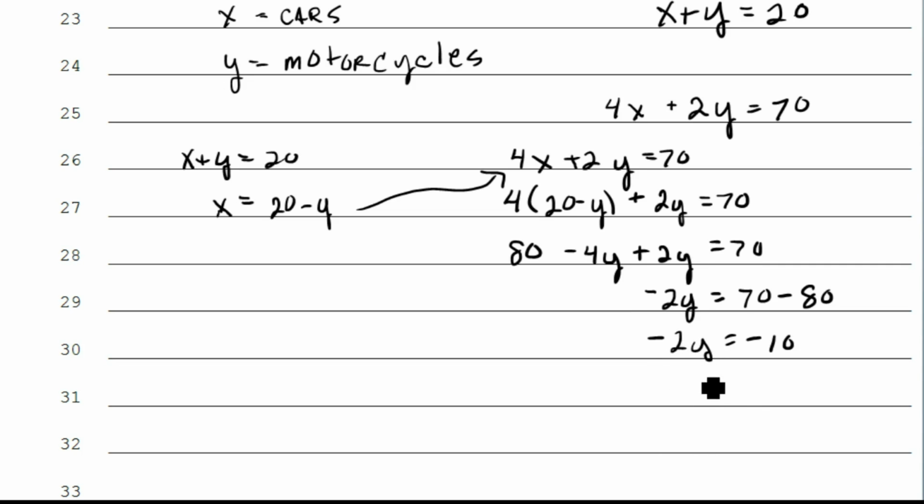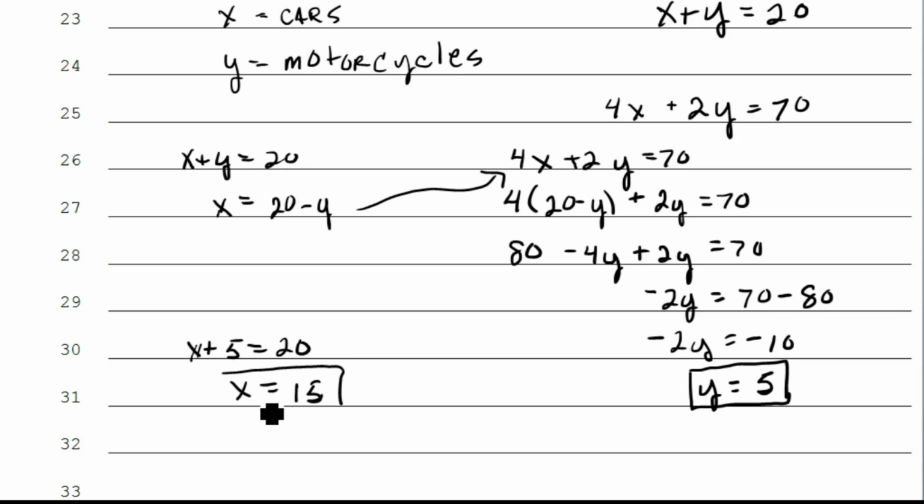Divide through by a negative 2, and you'll get y equals plus 5. And that's the number of motorcycles. You got 5 motorcycles. You can go back to either original equation, x plus y equals 20. It's the simpler one. You put your answer for y in there and get x plus 5 equals 20. Add a minus 5 to each side, and you'll get x equals 15.